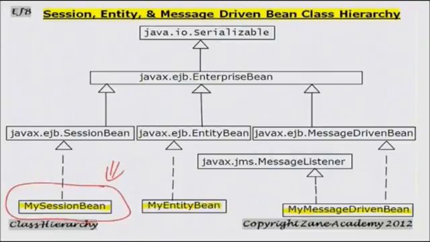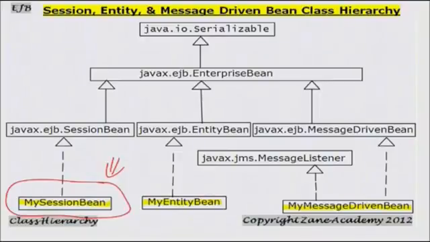So in this case, I took a session bean, so it has the same name as this, my session bean. Okay, and so when we write an EJB, we need to write a bean, and we need to write a remote. If it has a remote client view only, we need to have a remote interface and the home interface in addition to the XML deployment descriptor and the context objects.